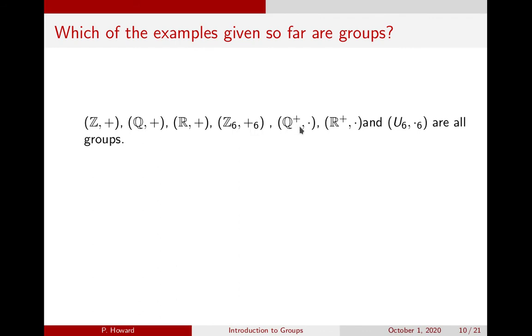The positive rational numbers and the positive real numbers using the operation of multiplication. And here is a last example, U sub 6 using the operation times sub 6 are all examples of groups.